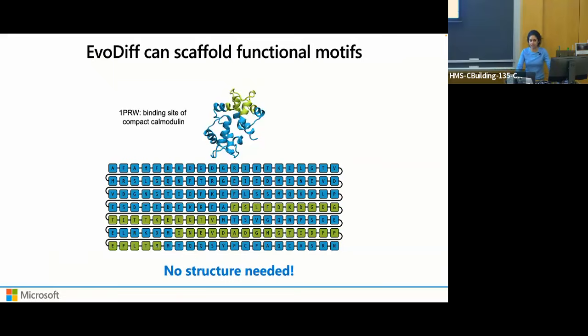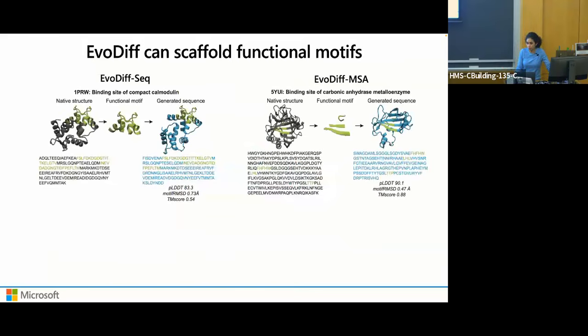And importantly, this requires no explicit specification of structure. And we can do these types of scaffolding problems with both our sequence-based model as well as the MSA-based model that has this additional evolutionary context.